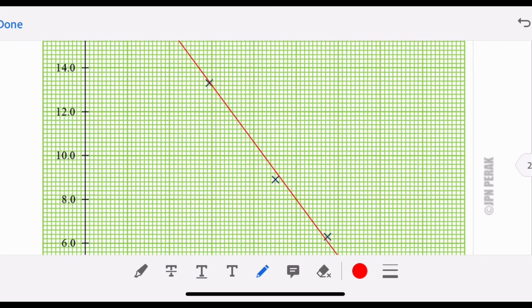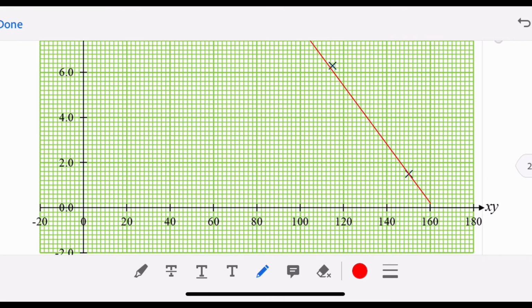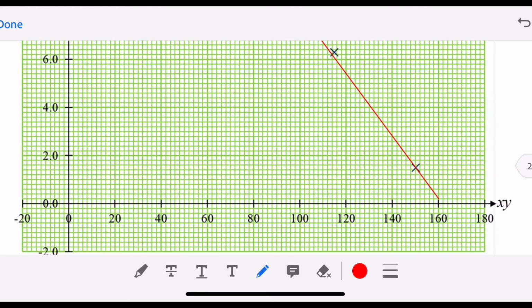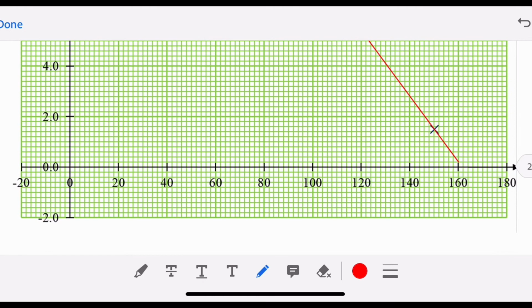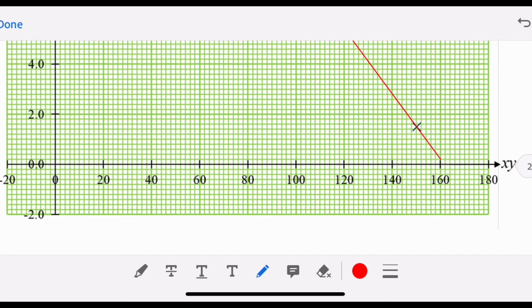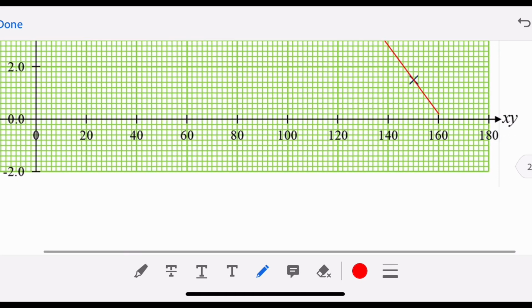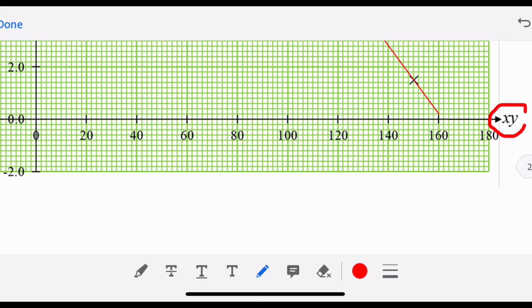So normally when we want to draw the line of best fit, first of all, you have to make sure the axis is labeled correctly, big X and big Y here. The x-axis must always start with 0 because we need a y-intercept. It is a must, compulsory. For the Y, it depends.